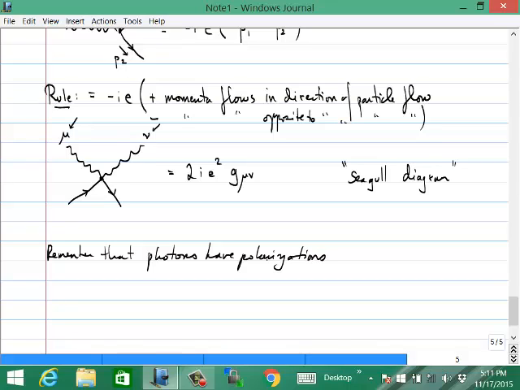And so when I say I have a photon with a given momentum, I'm not uniquely specifying the state of the system. I have to tell you also the polarization of the photon as well.